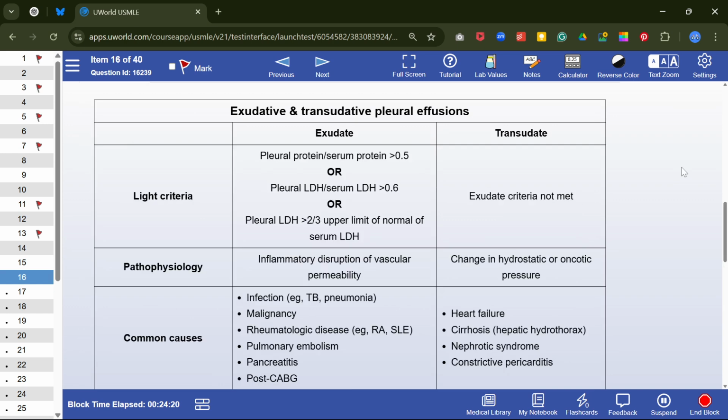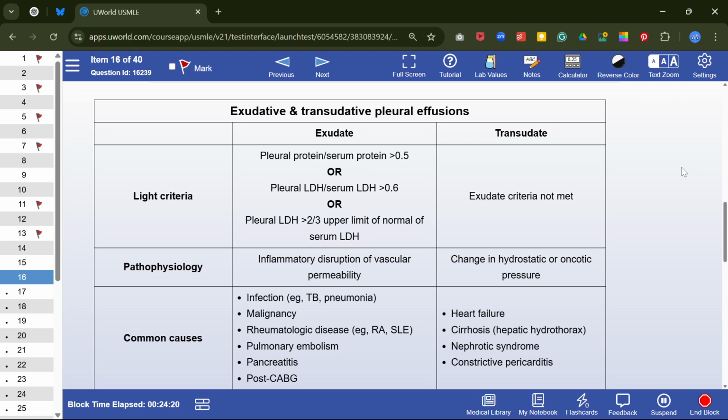According to Light's criteria for exudative pleural effusion: pleural fluid protein by serum protein more than 0.5, pleural fluid LDH by serum LDH more than 0.6, and pleural LDH more than two-thirds the upper limit of the serum LDH.